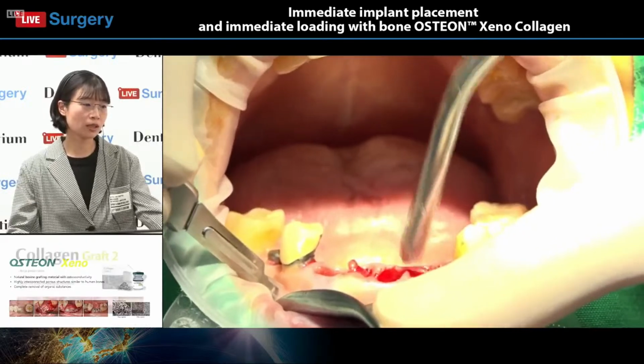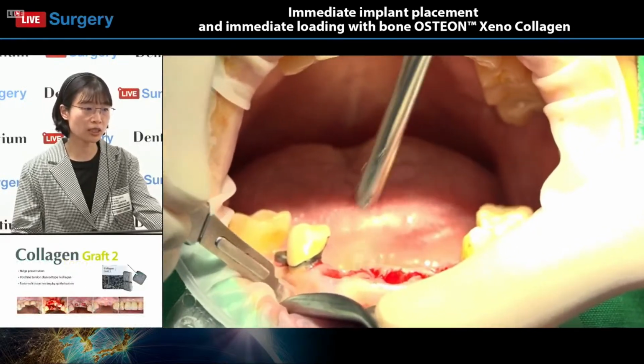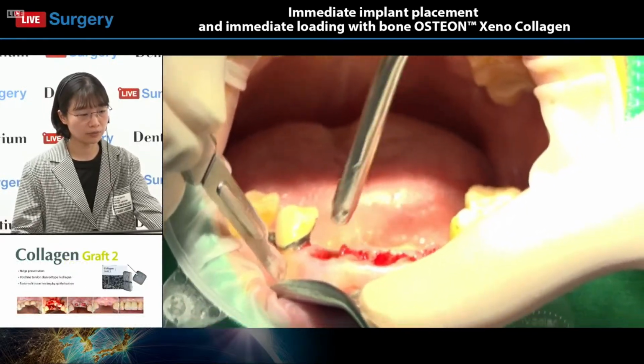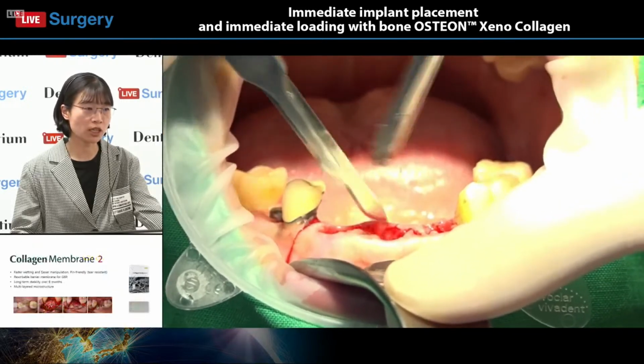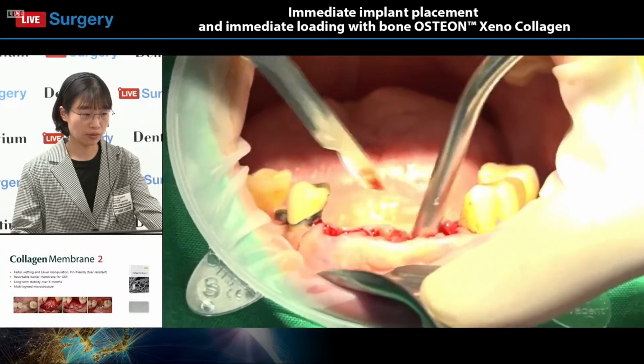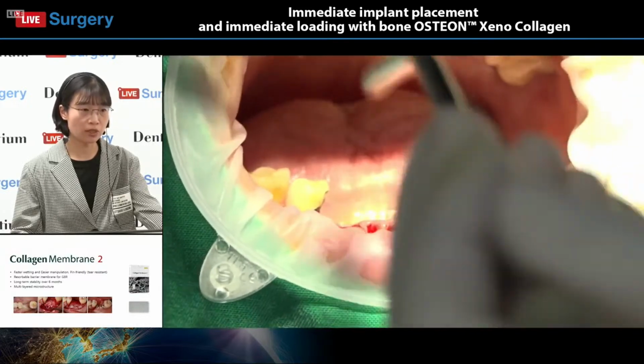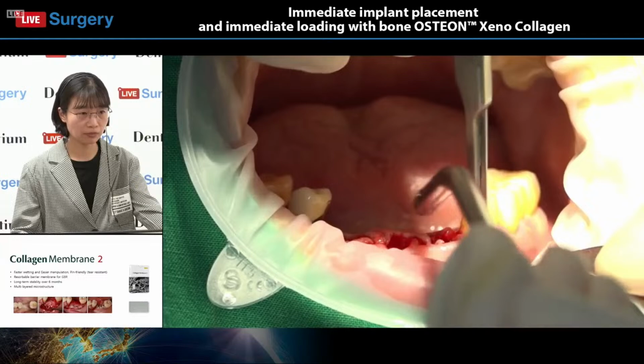And now he made a vertical incision on the distal side of tooth number 44, and also he cut the proximal portions.